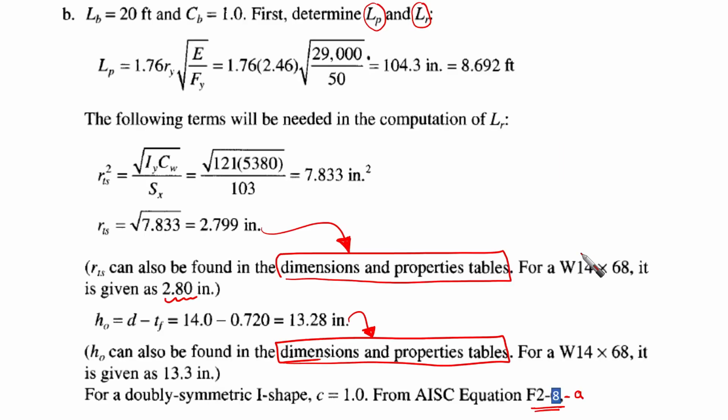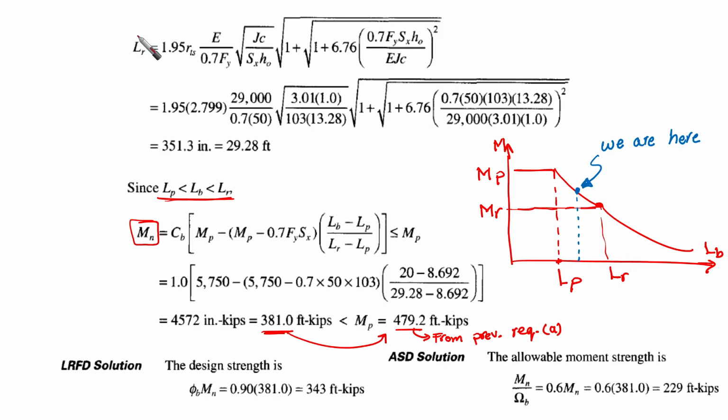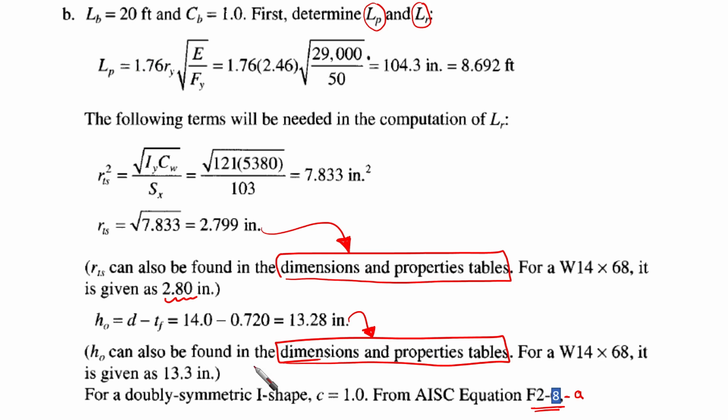I strongly recommend that you stop the video here and calculate L_p and L_r by yourself, please. Everything is written in front of you, but I strongly recommend that you calculate it by hand. It is simple to follow here, but I want you to check everything by yourself.